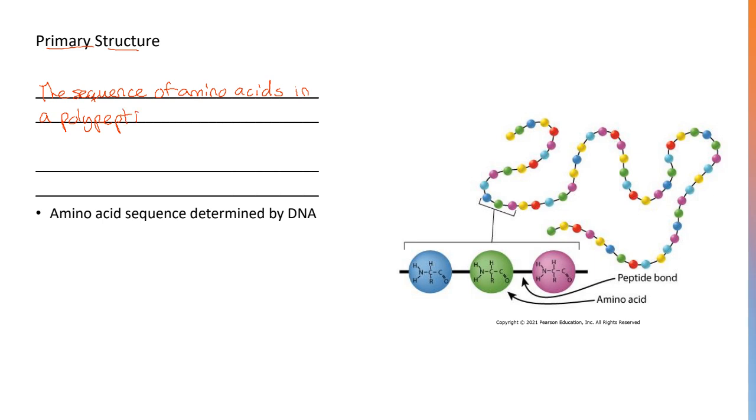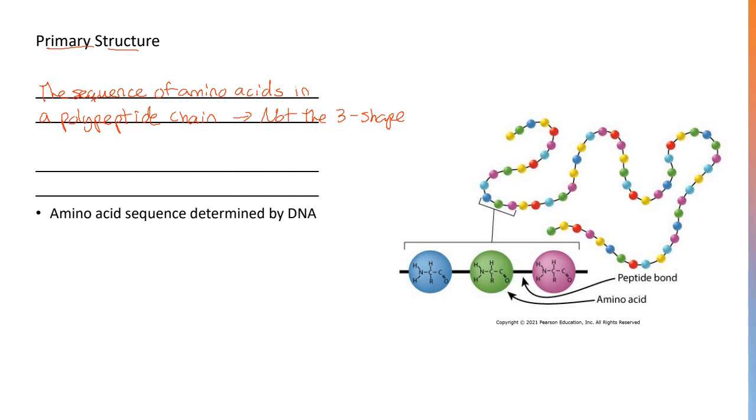Okay, that's all there is. Just the sequence of amino acids. This is not the 3D shape. In other words, this is not really going to work. It still needs to fold.